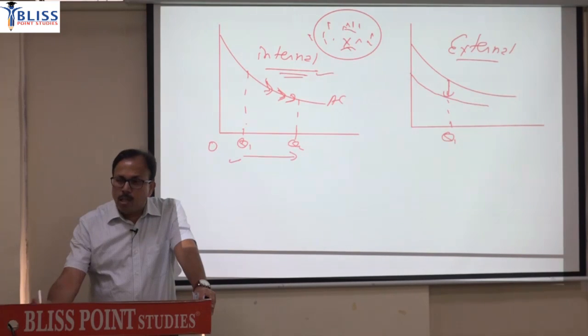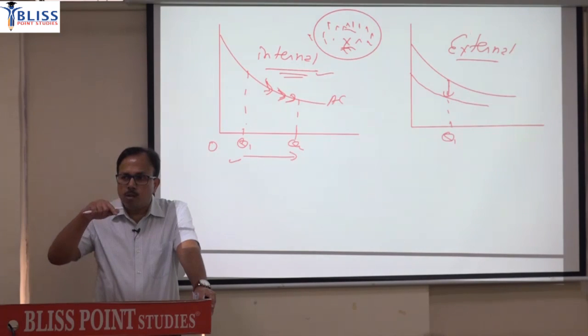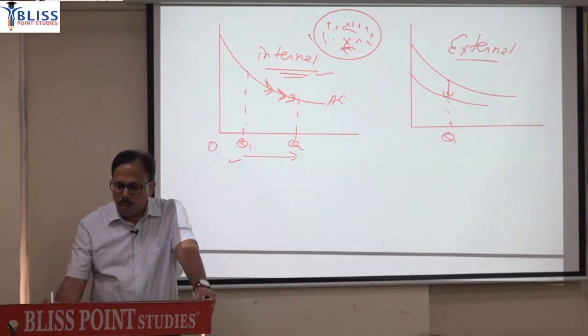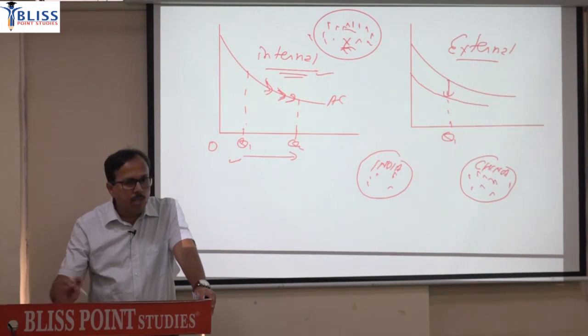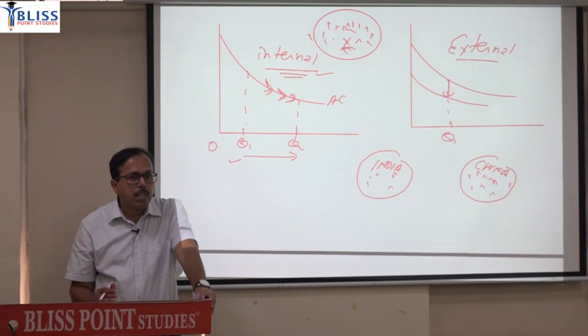Similarly, I said external economies depend upon the size of the industry. The position of that cost curve will depend upon the size of the industry. So if you compare one country and another, in India the number of firms in the market is less. In China, the number of firms in the market is more for the same product. Then which country will have a lower cost?